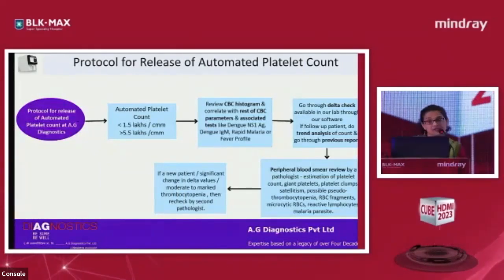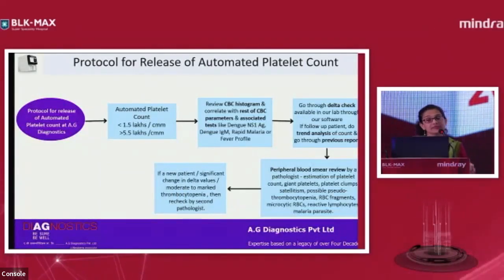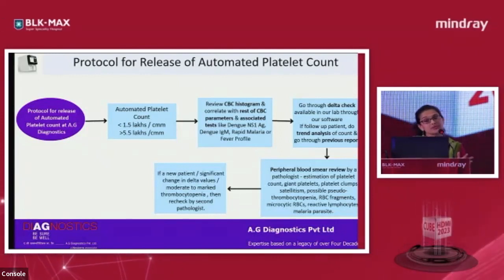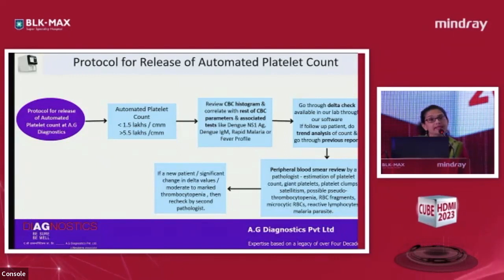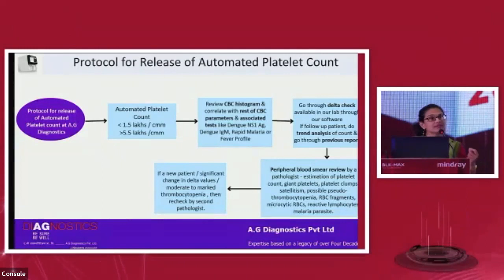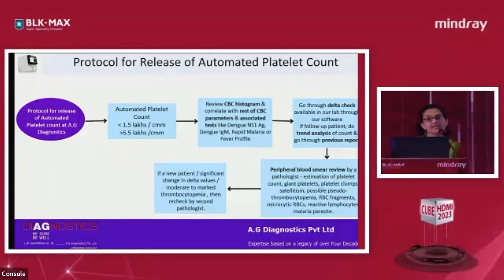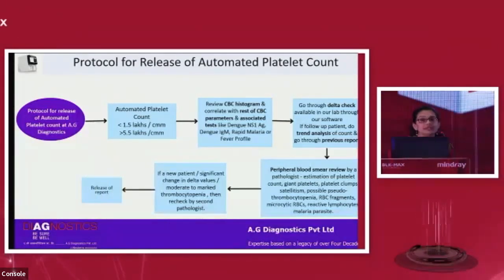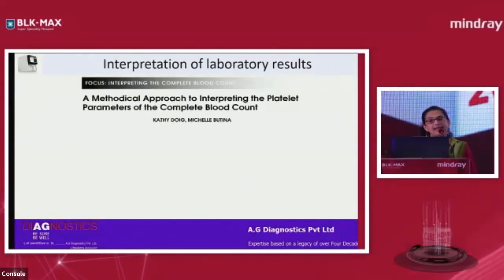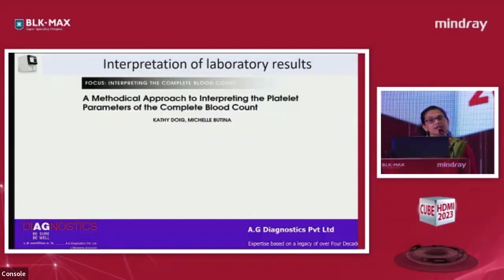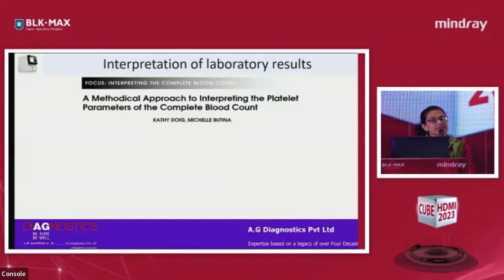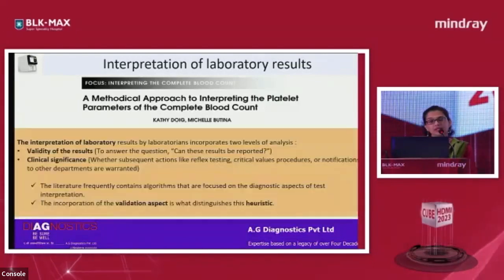If it is a new patient or there is a significant change in the delta values in our follow-ups, cases of moderate to marked thrombocytopenia, and cases where we feel there is a need to change the count given by the analyzer, it is rechecked by a second pathologist, and then we release the report. So while putting this up, I came across an article which gives a methodical approach to interpreting the platelet parameters of the complete blood count.